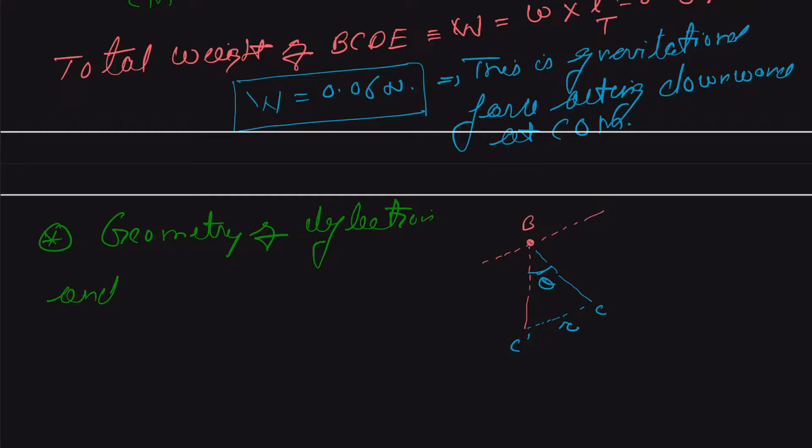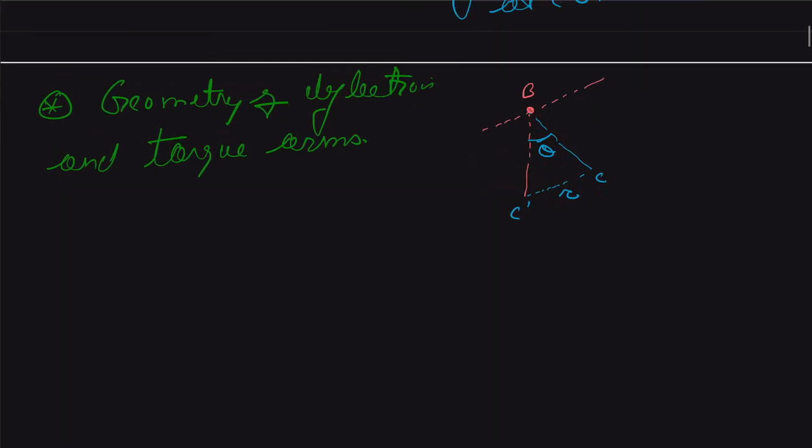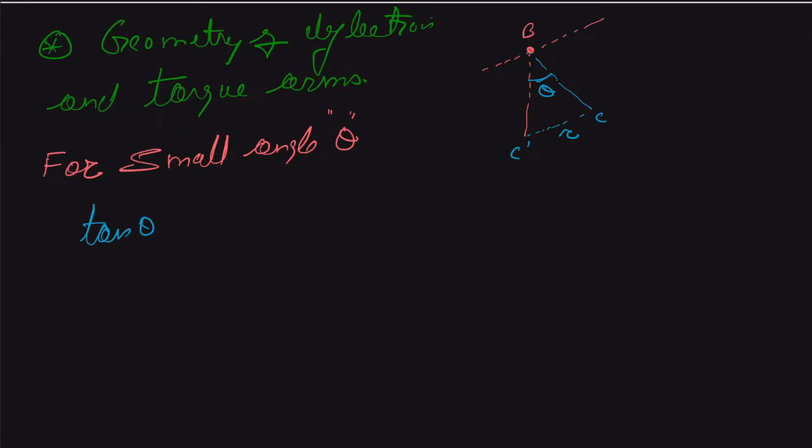For small angle theta, we can write that tangent of theta is approximately equal to sine of theta, and that will be R upon BC, and therefore R is 0.5, BC is 30. So we can sort it out later on, that's not a big problem.